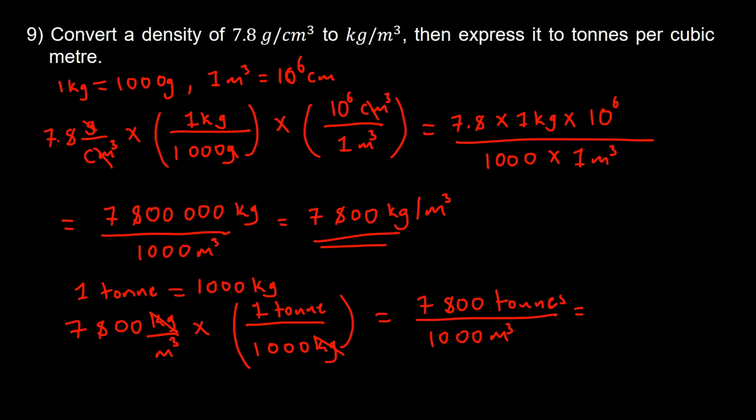So let's divide the 7,800 by 1,000. And if we do that, our final answer will be 7.8 tons per cubic meter. So this is our answer in tons per cubic meters.